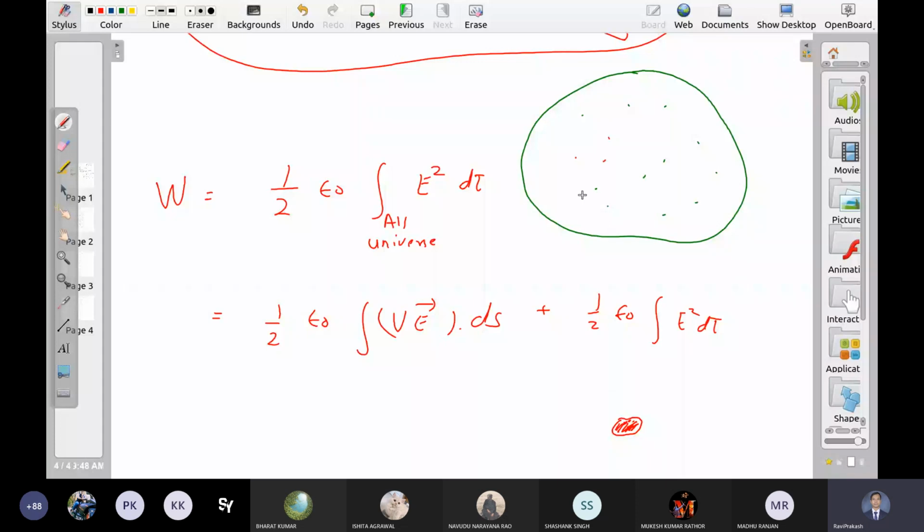This is S, this is tau. What is tau? Volume occupied by the charges.